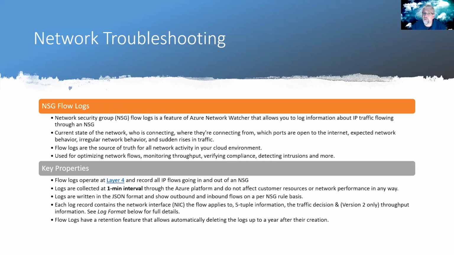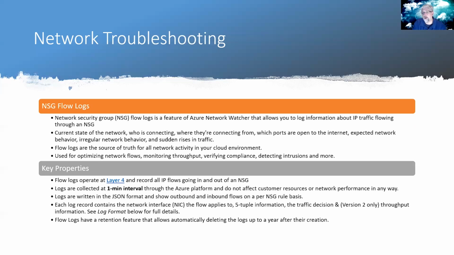Well, NSGs control east-west traffic. So basically that means you're already in the network. You've gotten past the firewall, and now you need to identify and see where that information came from, how that person got in. So you would, of course, check your firewalls, but then you would also check your NSG flow logs so that you can see, did they get through the firewall?